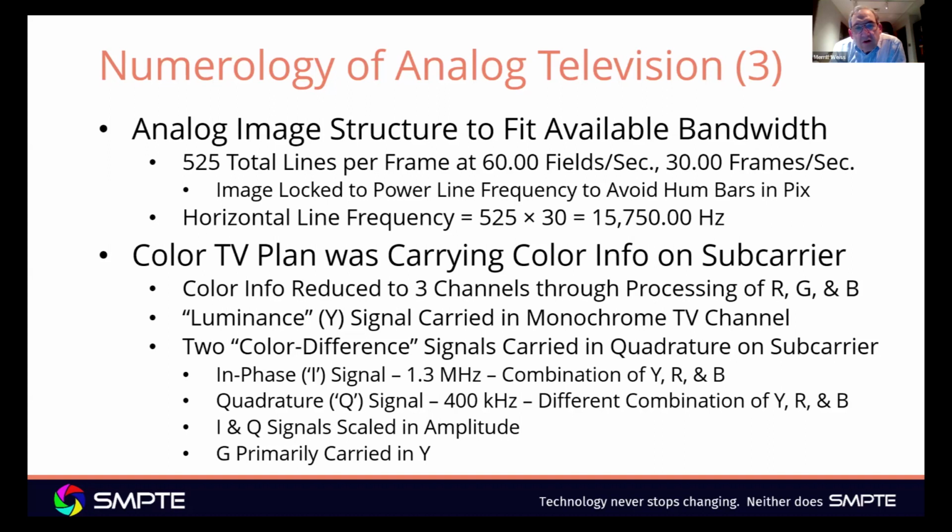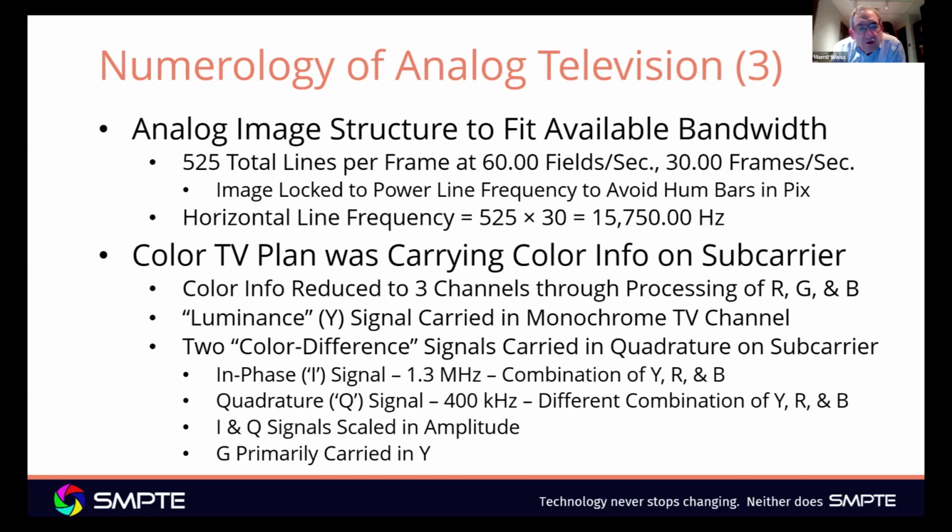So the color TV plan was to carry the color information on a subcarrier. And the color information was reduced to 3 channels by processing of the RGB input information.